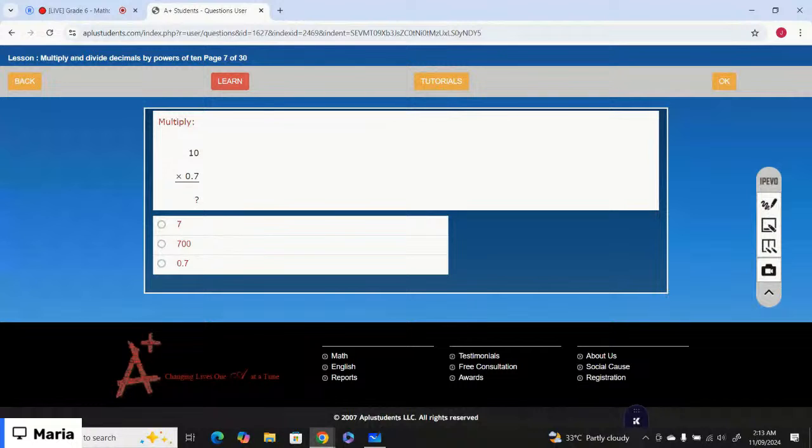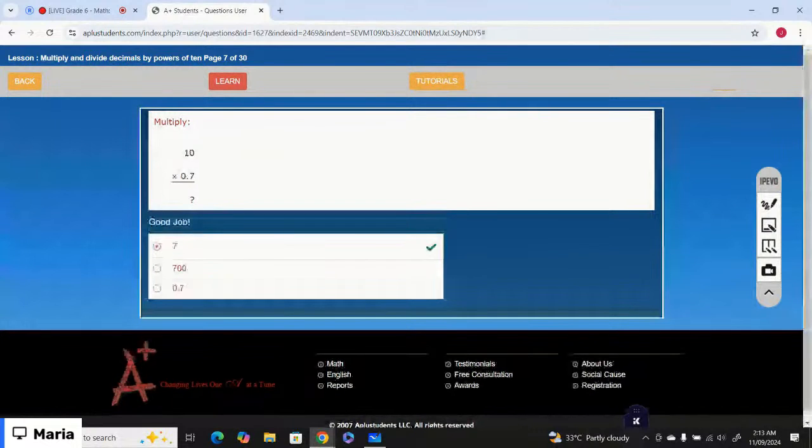The correct option is 10 times 0.7. So when multiplying with 10, with that number of zeros, you can move to the right hand side. So that is very good. 7 is the correct option. Option number 1 is the correct option.